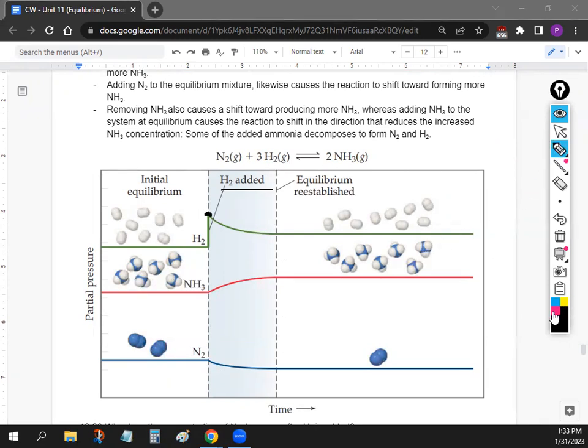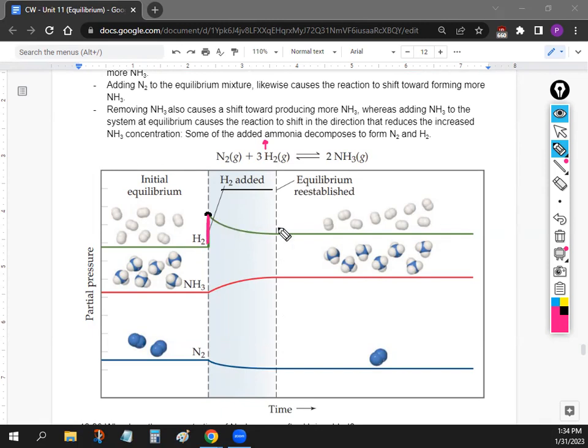Let me write it. The concentration of H2 is going to go up because obviously we're adding H2. So the system is going to react. It's going to swing like a chandelier to the other side in order to compensate. As H2 is added, the concentration goes up, and then it's going to start going down.